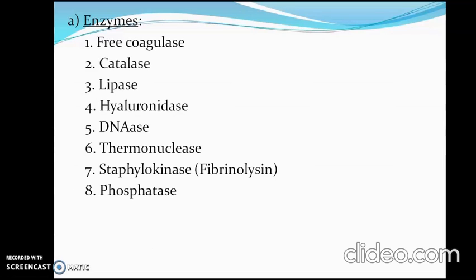Then the DNase, it's a heat stable nuclease. Then there are protein receptors, staphylokinase, phosphatase. So these are the enzymes that are included in the virulence factors of Staphylococcus aureus.